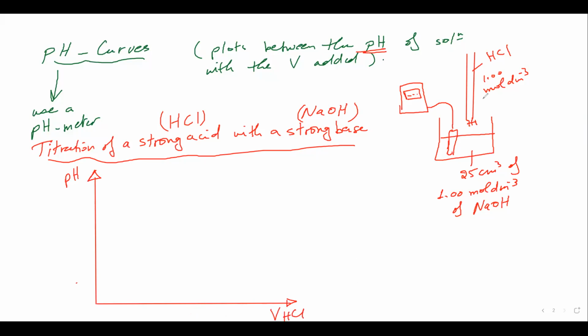So before addition of any drops of HCl, we have the sodium hydroxide, and we know the sodium hydroxide is a strong base. So Yassine, what will be the pH of sodium hydroxide as it is a strong base?